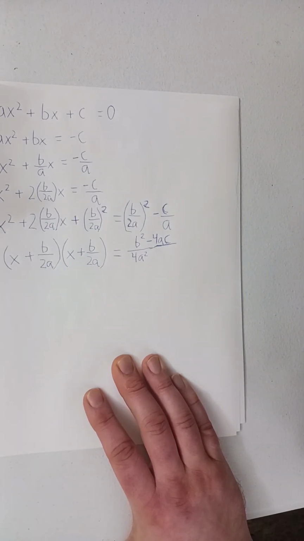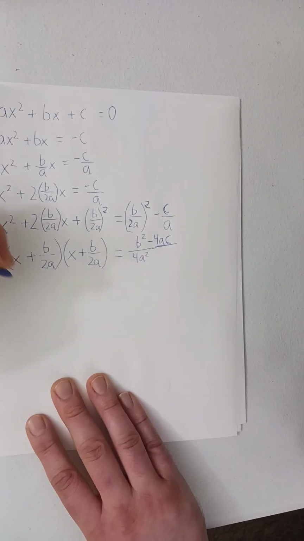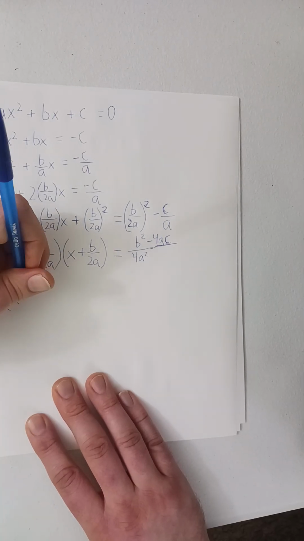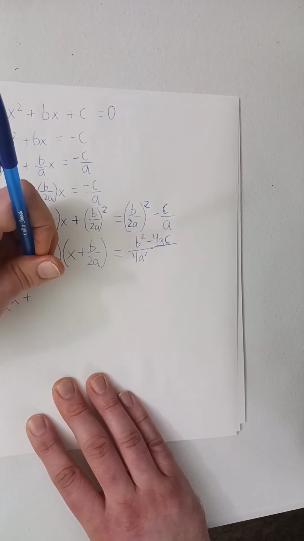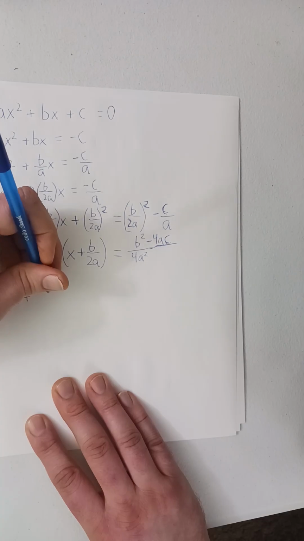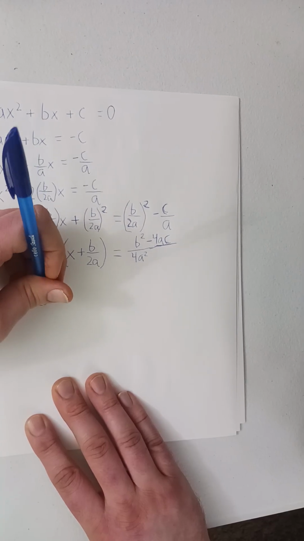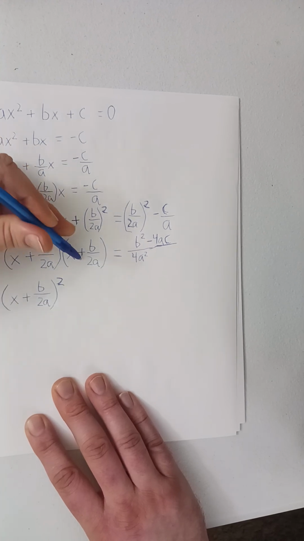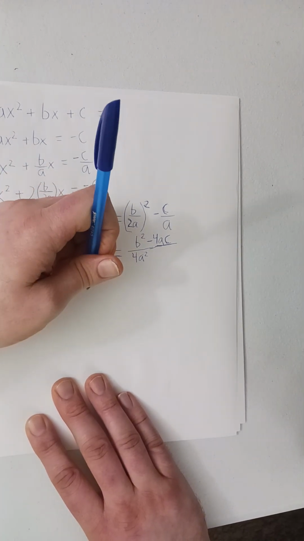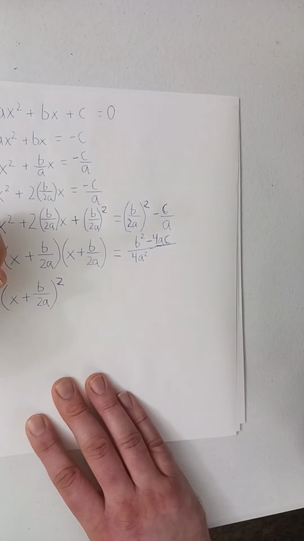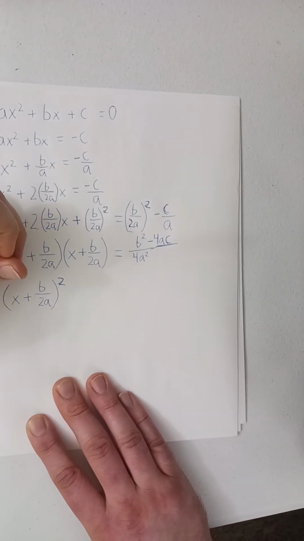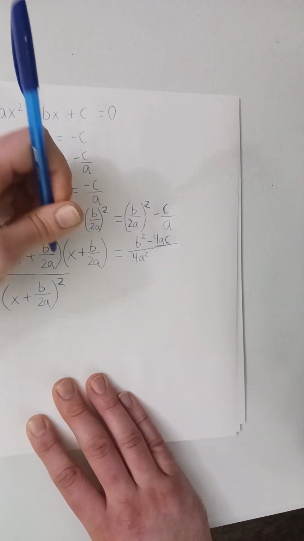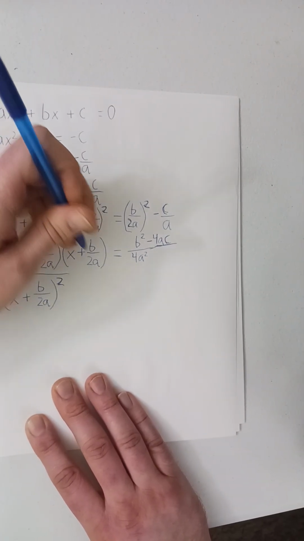So now in the next line, I'm going to express this as x plus b over 2a squared, because it's the same thing. And then in this step, we're just going to take the square root of both sides. But I'm just showing that this is the same thing as this. Two values multiplied times each other, right?